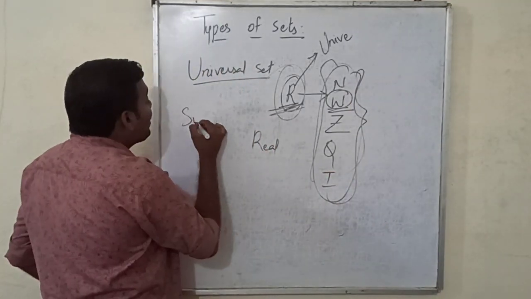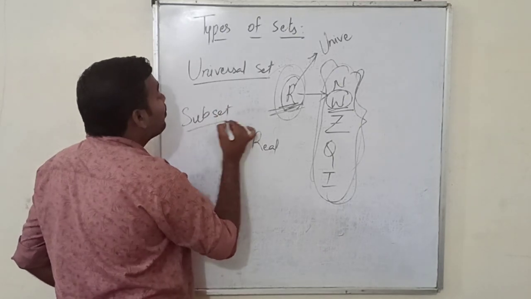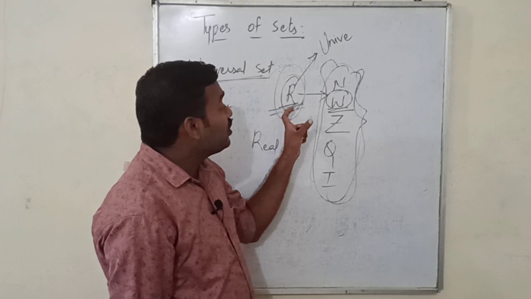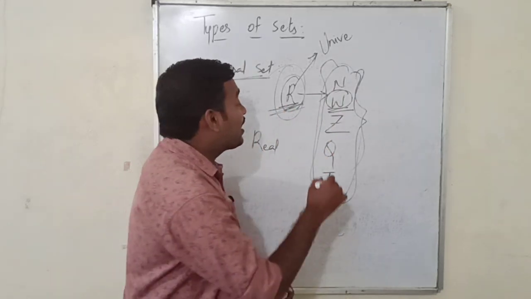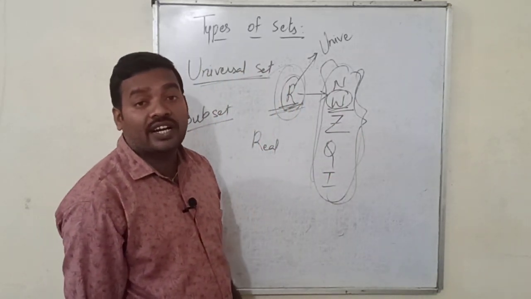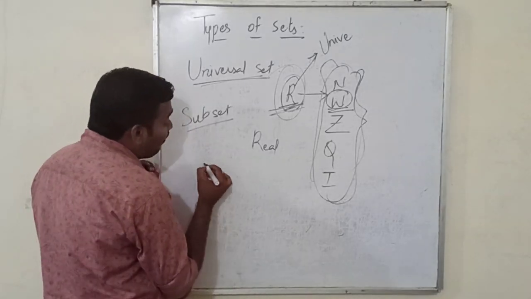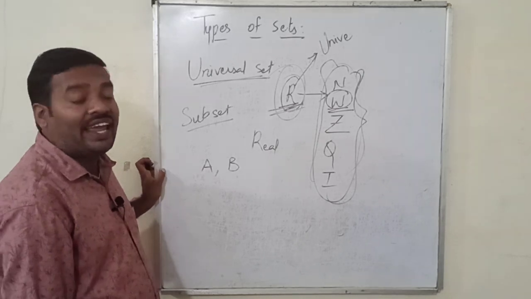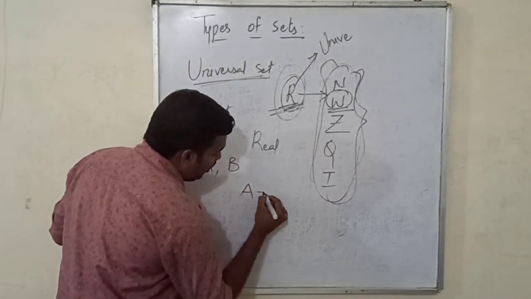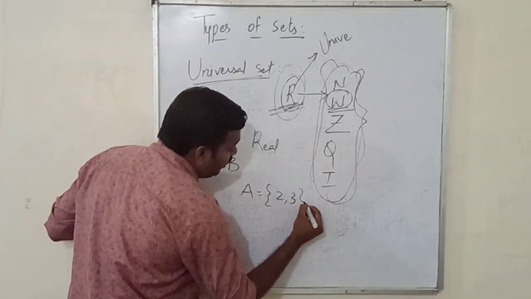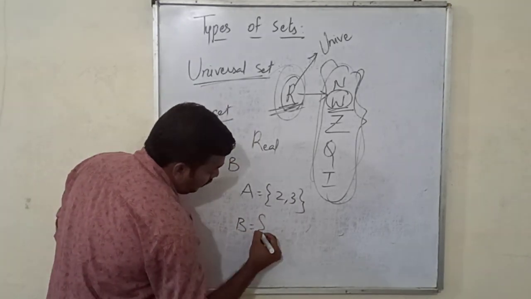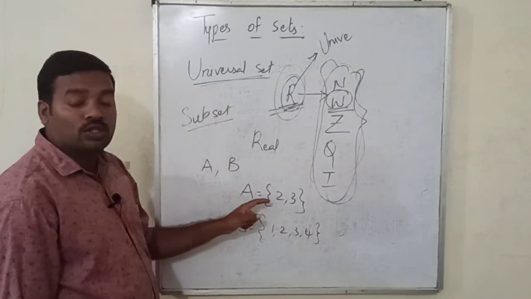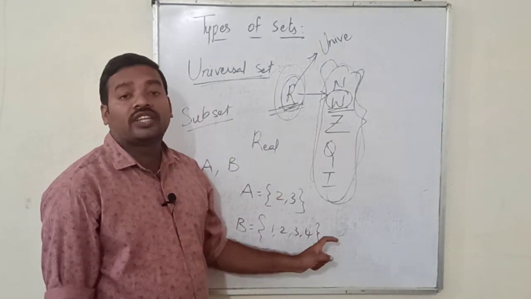So next we have subset. First one is universal set, second one is subset. Universal set means the set which contains all the elements which are considered. And subset: if you have two sets A and B, where A is {2, 3} and B is {1, 2, 3, 4}.